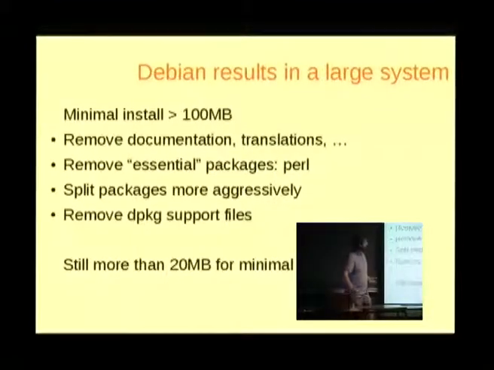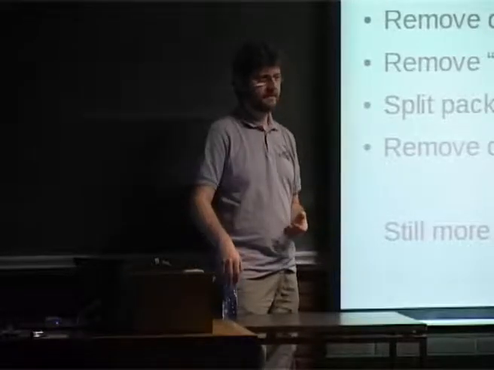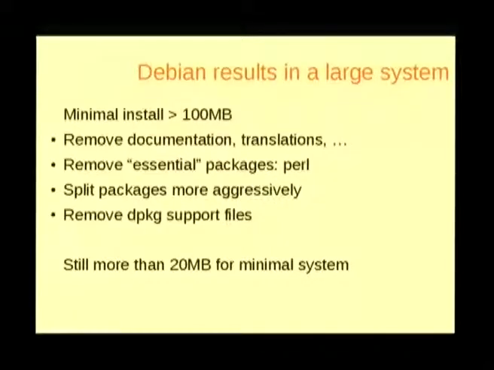Okay, then the second issue was that a minimal Debian system is already pretty large, and then you don't have any GUI, for instance. The reason that you use a distro is because it has a lot of packages, and you don't have anything yet. Just the shell, basically. So how can we make this smaller?